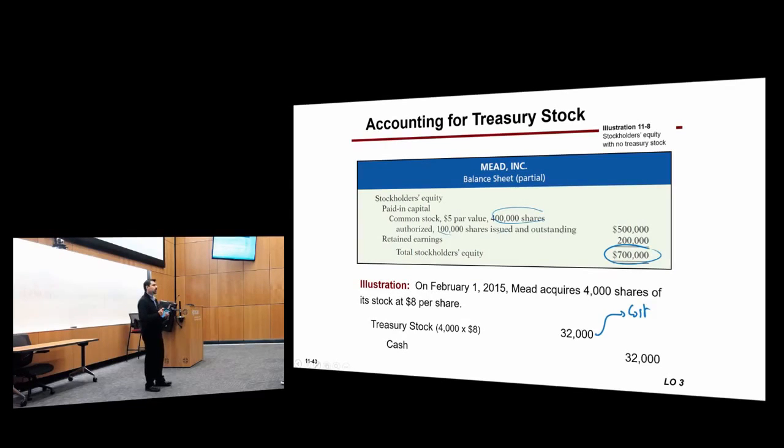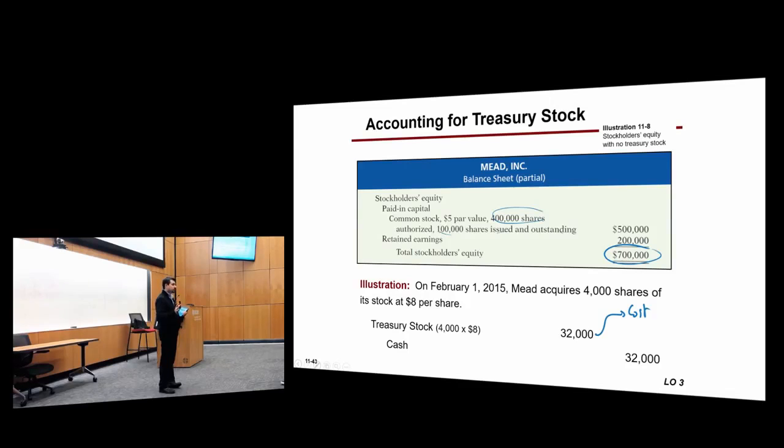So the treasury stocks decreased stockholders' equity. Okay? Because what you did is actually you decreased your assets by 32,000 because you paid cash. So your total assets decreased by 32,000, and at the same time, your stockholders' equity decreased by 32,000. That's not a liability.